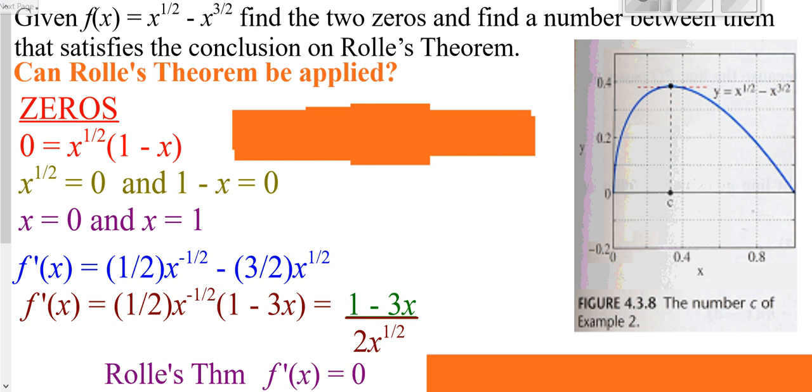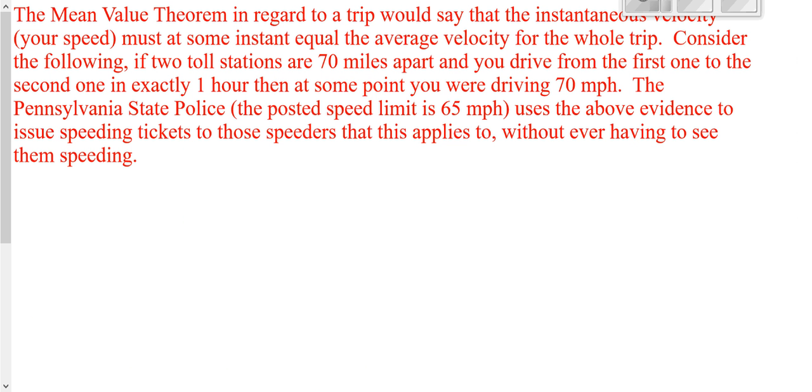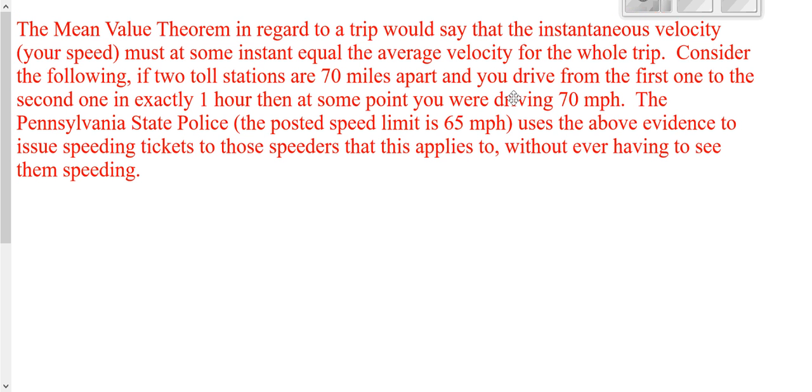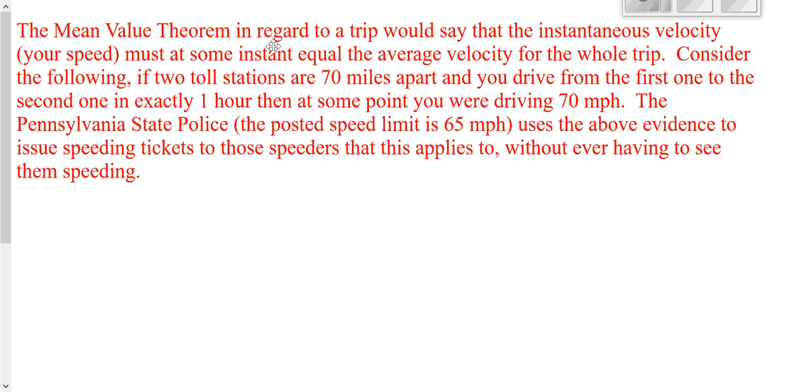So what's the use of the mean value theorem or Rolle's theorem? Well, consider this situation here. Suppose you're driving on a toll road. At some point, your average velocity has to be equal to your instantaneous velocity.